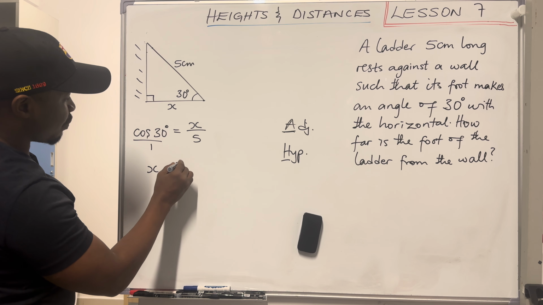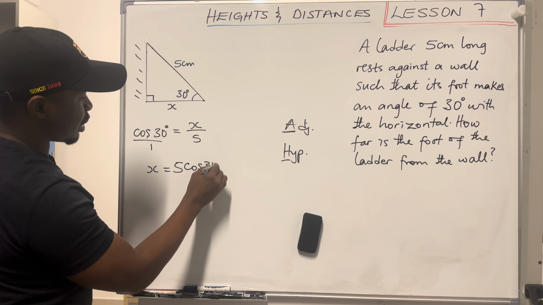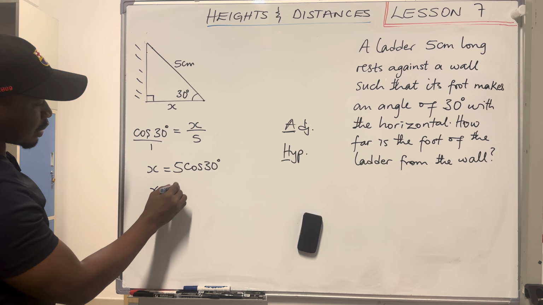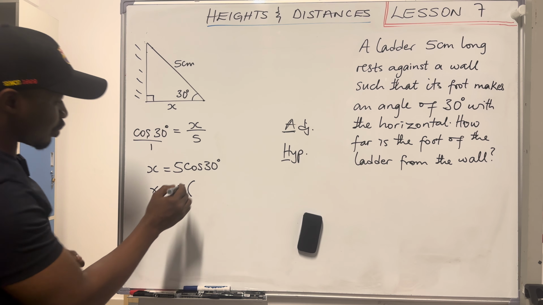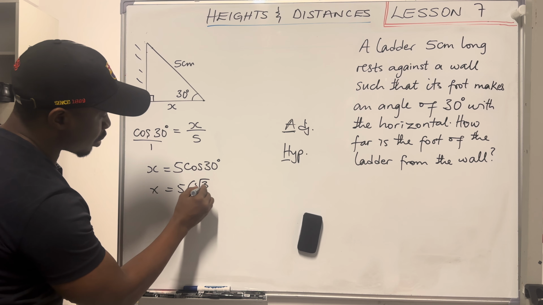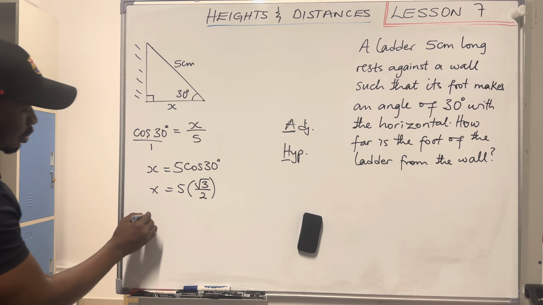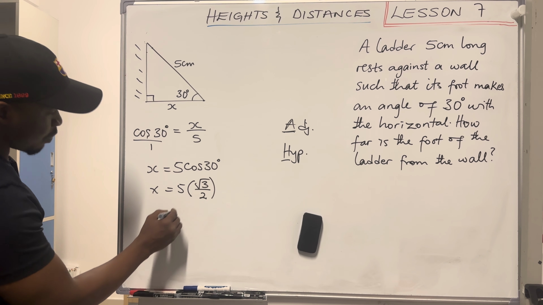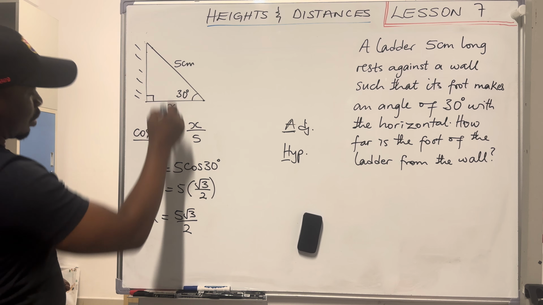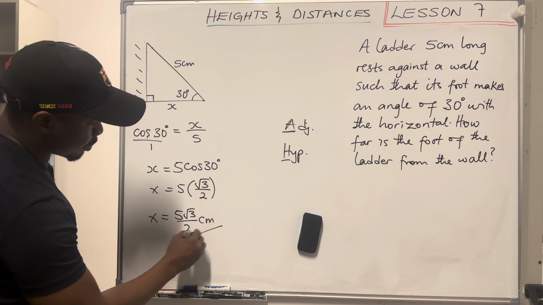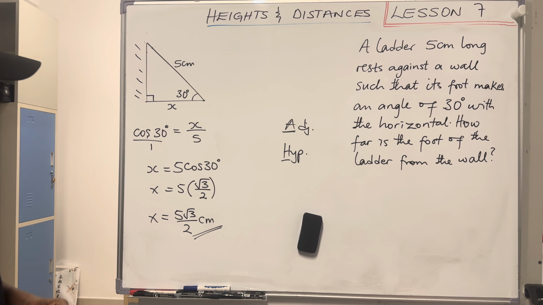So we have 5 cos 30 degrees. So x is 5 cos 30 degrees. Cos 30 degrees is root 3 upon 2. So x is equal to 5 root 3 upon 2 centimeters.